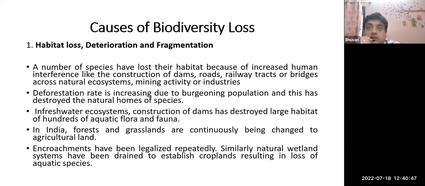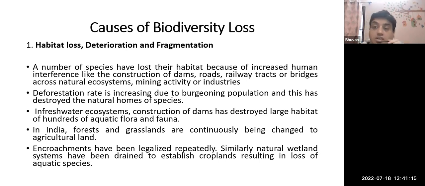We see an increased buildup of infrastructure projects such as roads, railways, dams, mining activities, and industries, which are impacting the habitat of wild animals, and the quality of the habitat is also getting deteriorated day by day. The two terminologies are very different: habitat loss and habitat fragmentation.